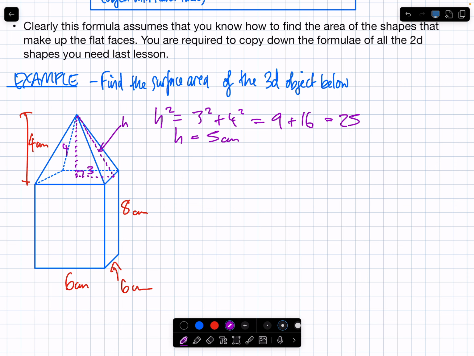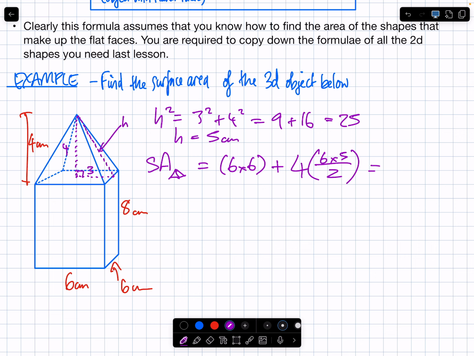Do I have the height of the triangles now? Good. So the SA, surface area of pyramid, is going to be, someone correctly said that there's a base to that. The base is a square, 6 by 6, plus, how many triangles are there? 4. 4 times by base, which was 6, times by height, which was 5, over 2.